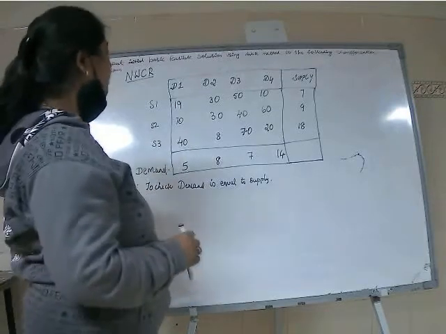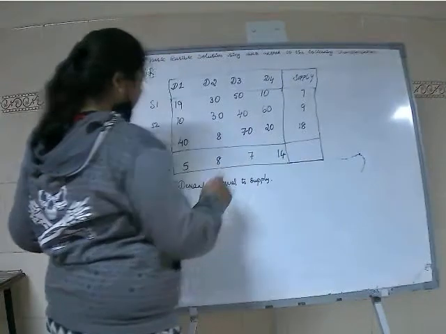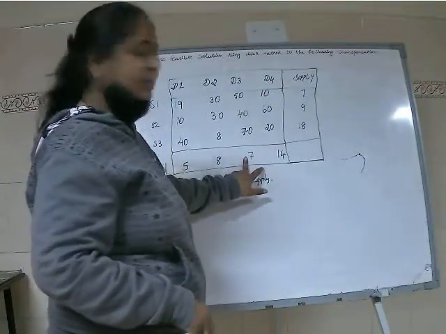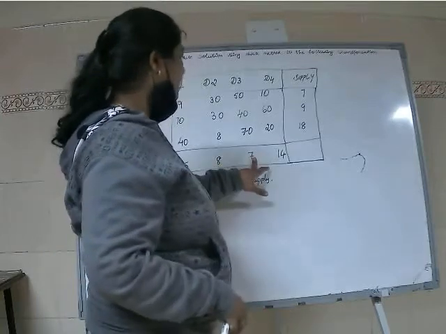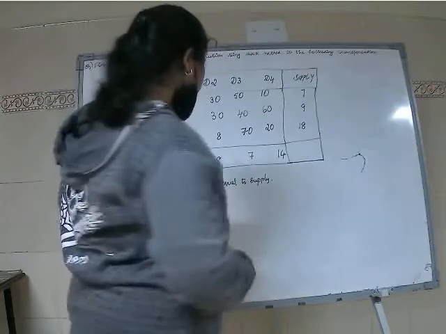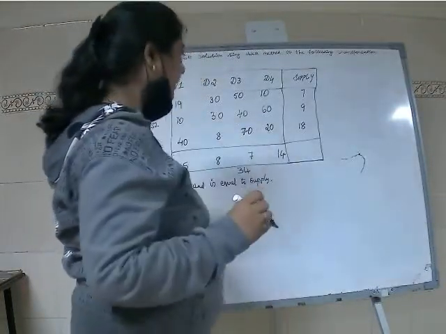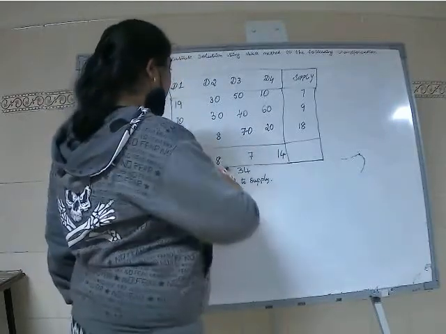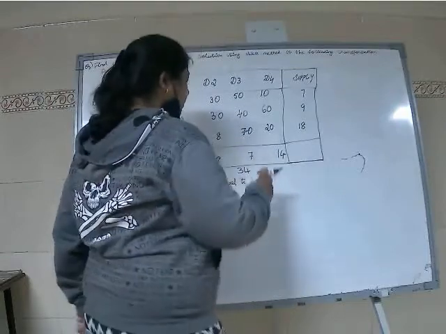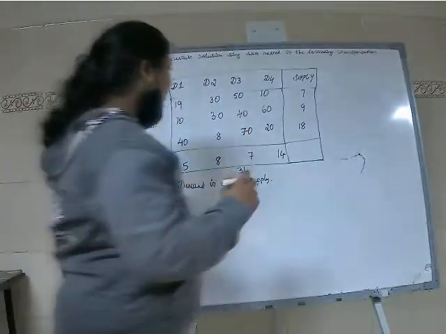Okay, so you need to add, that is 5 plus 8 is 13 plus 7 is, when I total sum it up, it comes to 34. So 13 plus 7 becomes 21 and then 14.